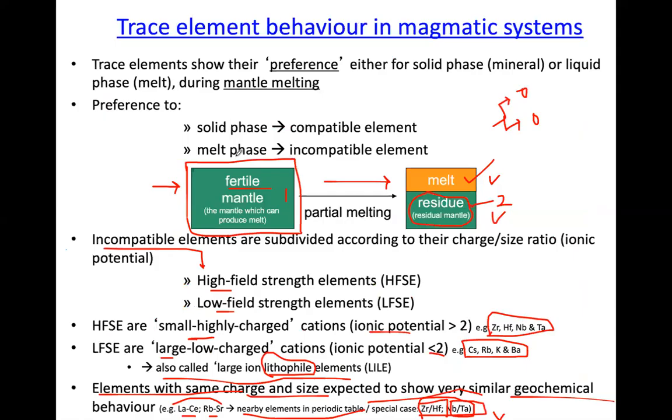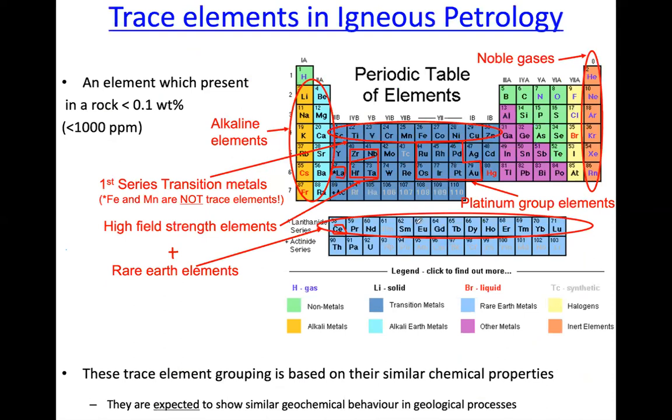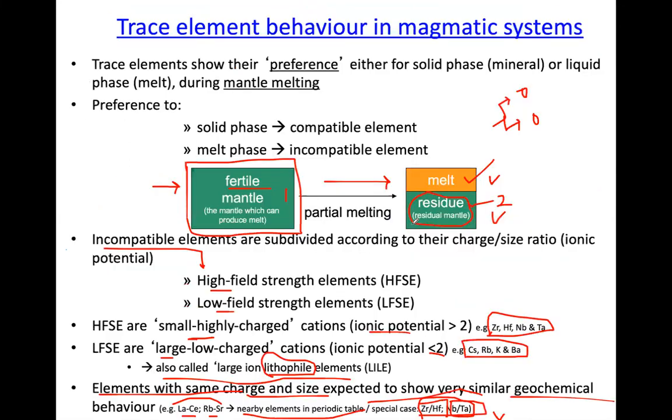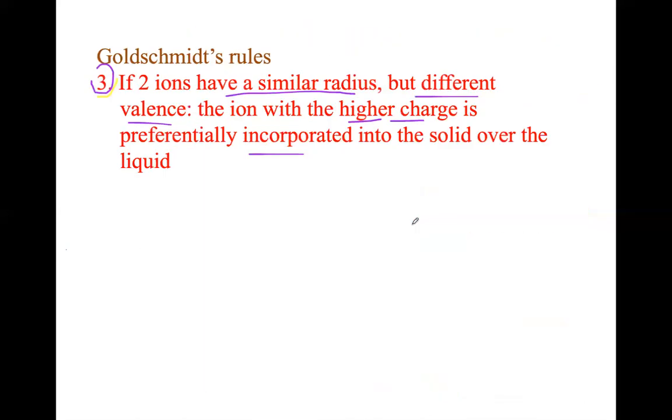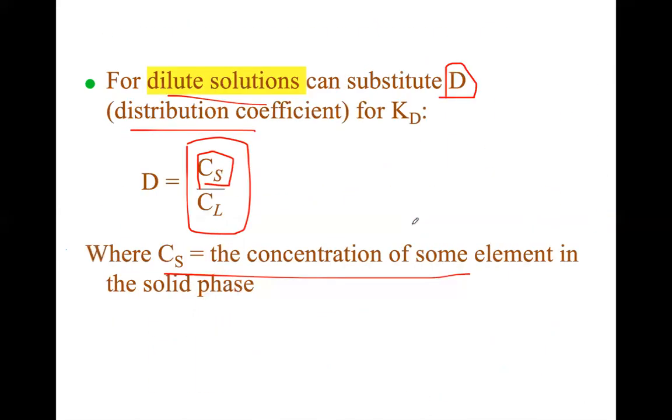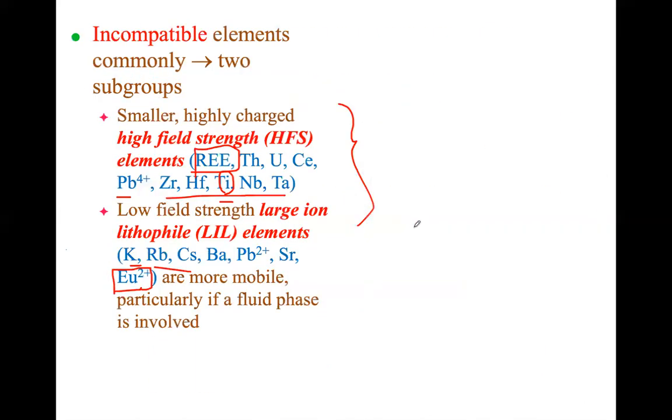Europium 3 plus should be there, right? Europium is here anyway, but europium has speciations, 2 plus, 3 plus, and even 6 plus, right? So 2 plus is considered a large ion lithophile element, whereas 3 plus is considered a high field strength element, right? It's different.